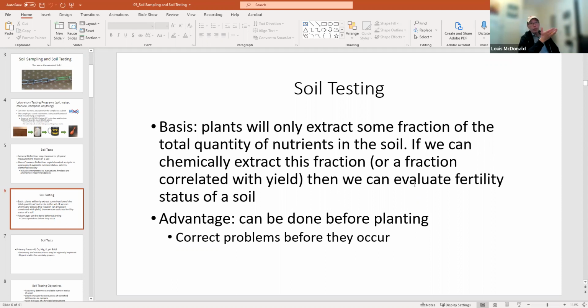If you can get a soil sample now, well, maybe not now, as I speak, because it's like 20 degrees out and snow on the ground, but you get the idea. You can do it in the fall, and then when spring rolls around, you already know what fertilizers you need to apply, whether those be organic or inorganic, and you're ready to go. And so you can correct any fertility problems before you have to even think about putting a seed in the ground.